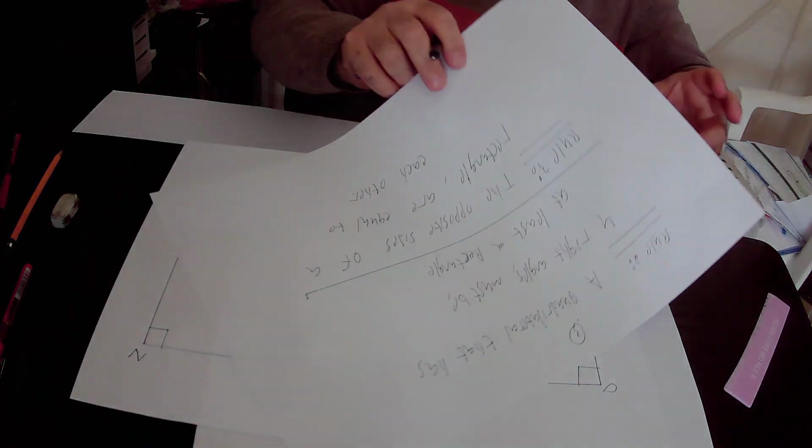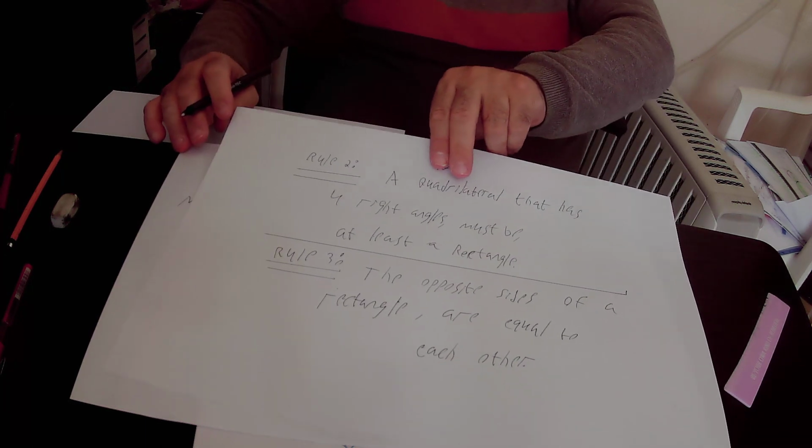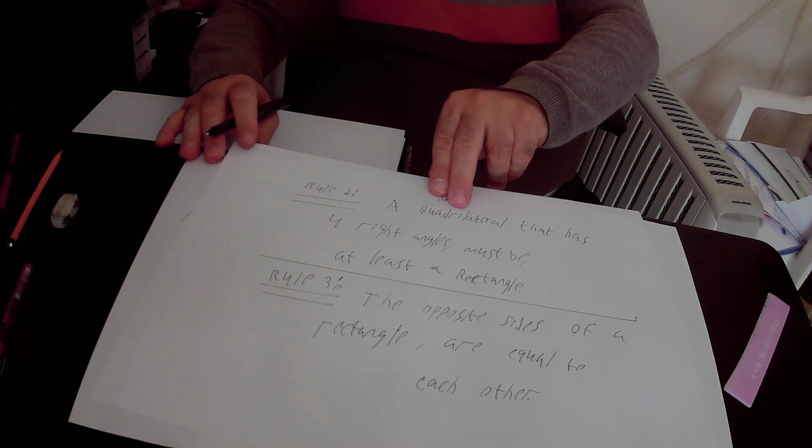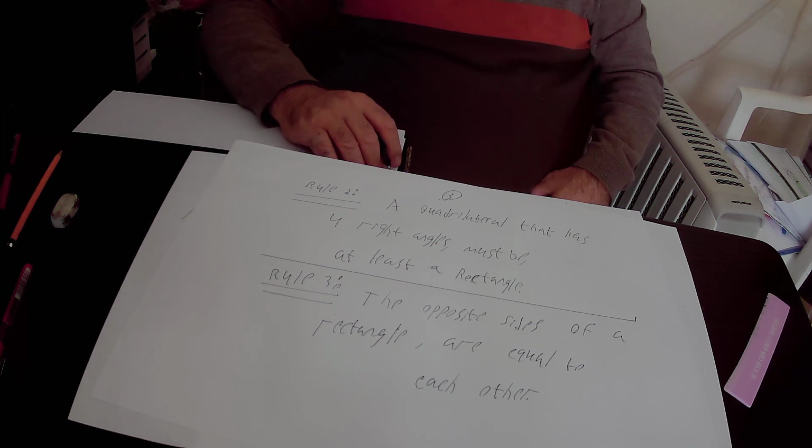I'll read rule number 3 again. Rule number 3 states that the opposite sides of a rectangle are equal to each other.